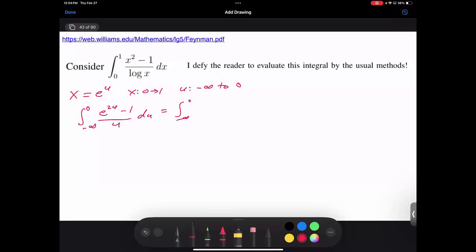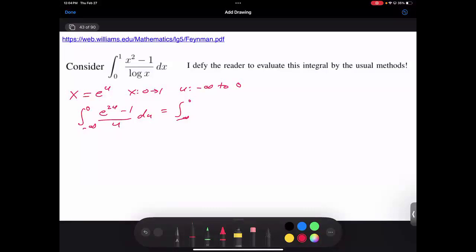Whenever you see an integral, you want to make sure: is this integral finite? As u goes to minus infinity, are things going to be okay? There are 2 halves, and the second half is 1 over u. I'm actually a little bit worried about that.